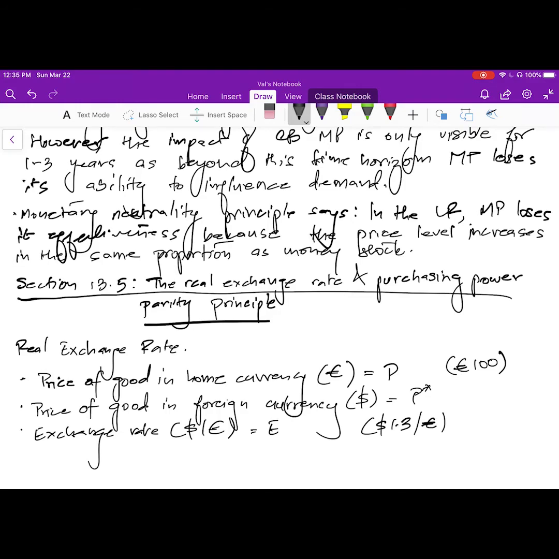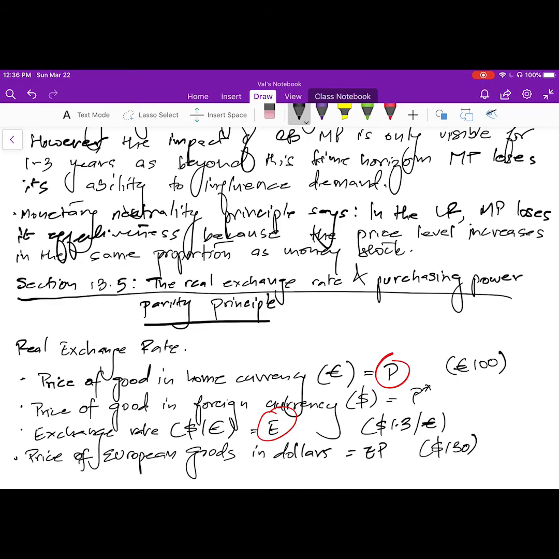Then the price of European goods in dollars is equal to EP, which is E multiplied by P, and you end up with $130.